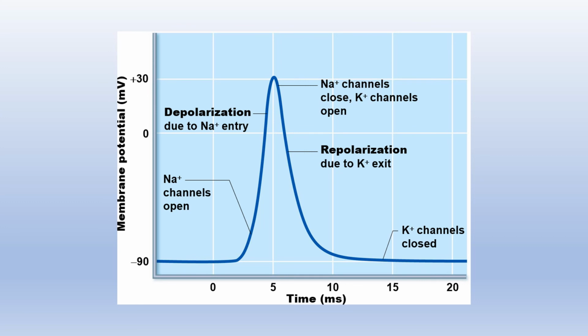Now, if you're having trouble putting these words and these diagrams together, this graph shows you the voltage inside of the cell in relation to the end plate potential, depolarization, and repolarization. If you start on the left side of the screen, we see that our muscle cell is polarized or resting at negative 90 millivolts.